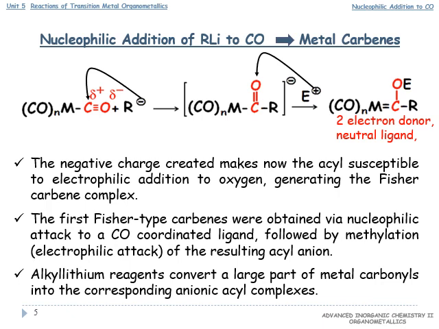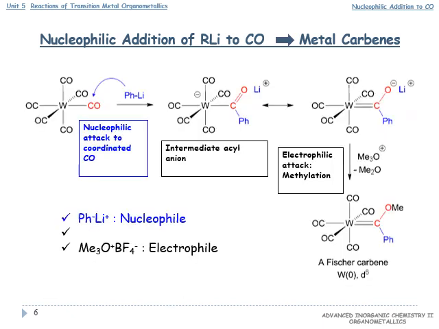Alkyl lithium reagents convert a large part of metal carbonyls into the corresponding anionic acyl complexes. This is an example in which a Fischer carbene is obtained.